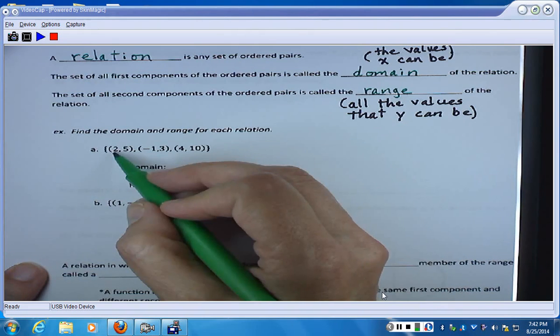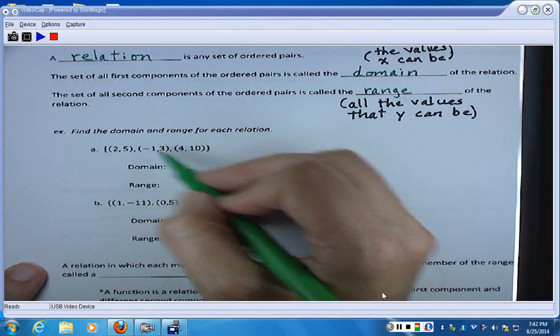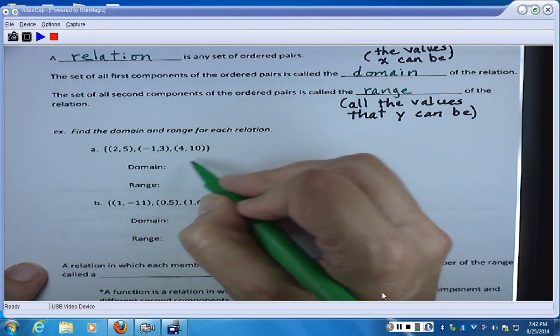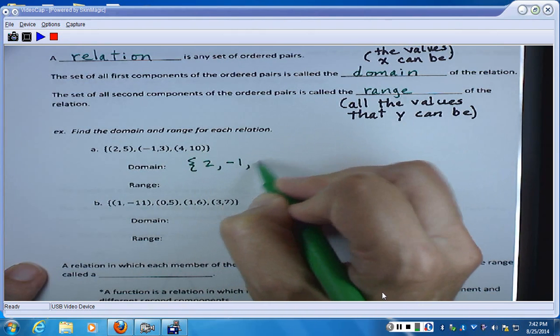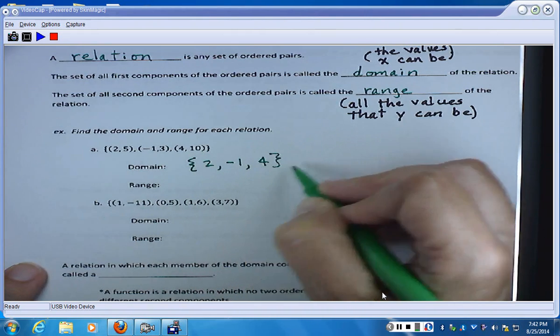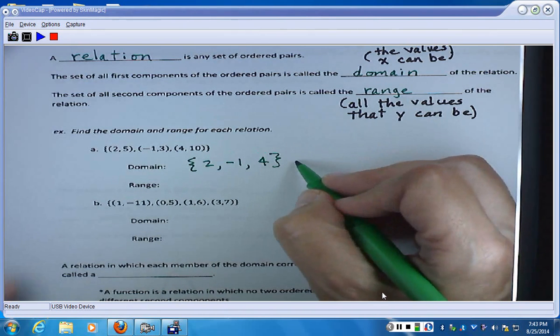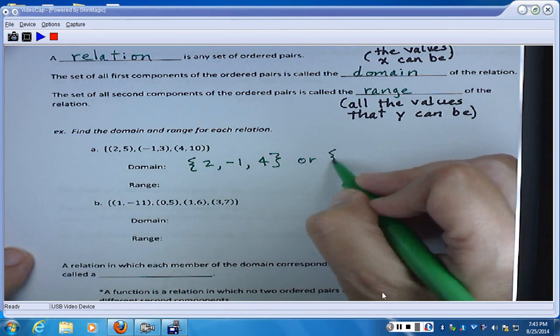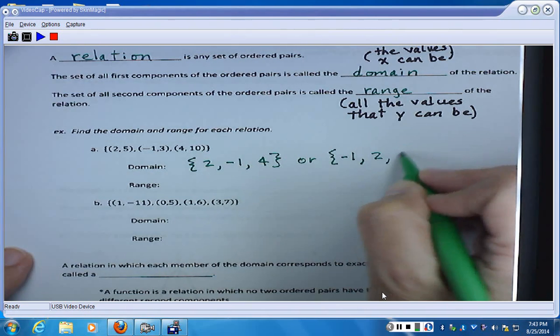Well, x can be 2, -1, or 4. That's the order it was written in, but in ascending order it's -1, 2, 4.